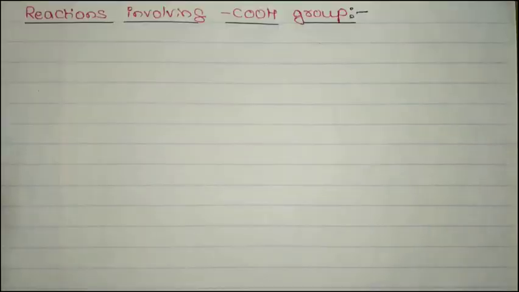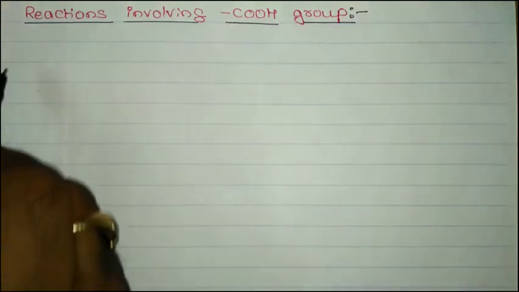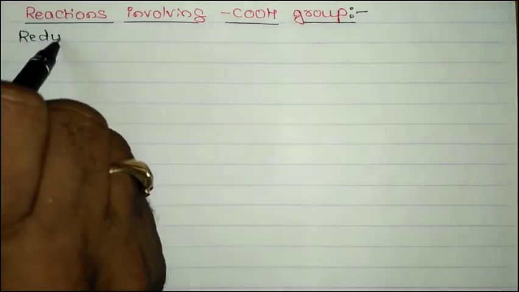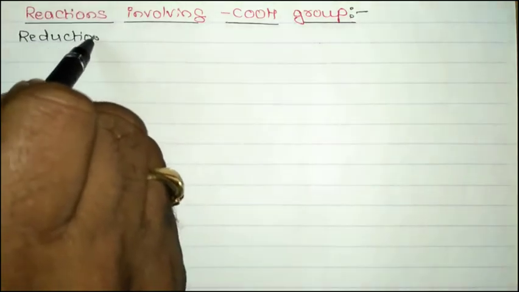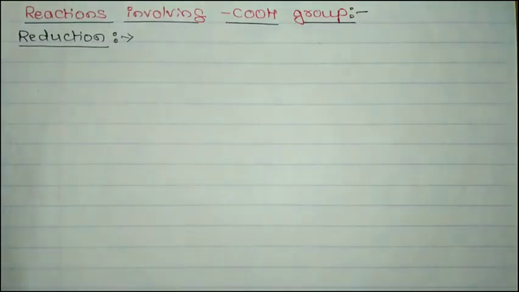Now we'll discuss reactions involving the COOH group. First is reduction. Carboxylic acids are reduced using lithium aluminum hydride, which gives primary alcohols.